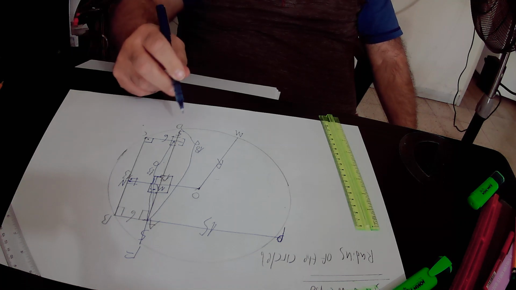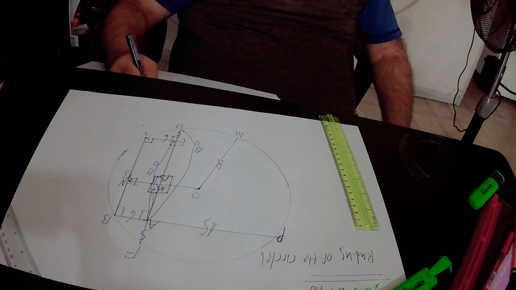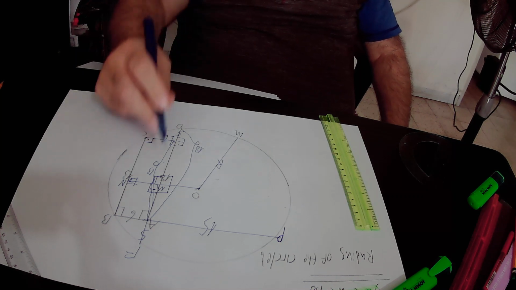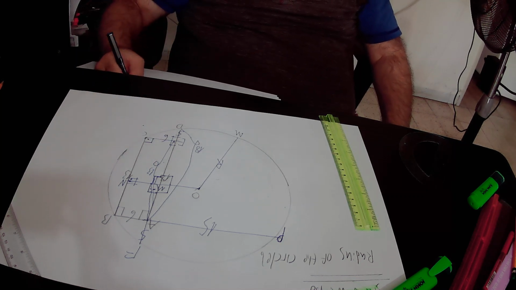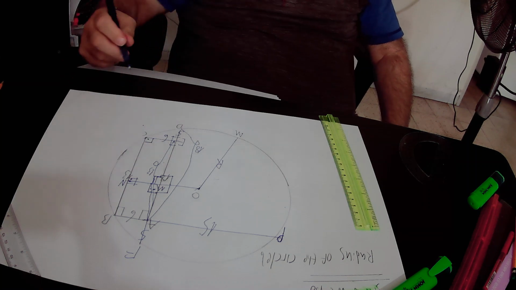4 times R squared equals FA squared plus AD squared plus PA squared plus AB squared.